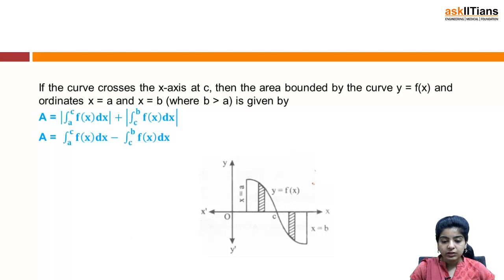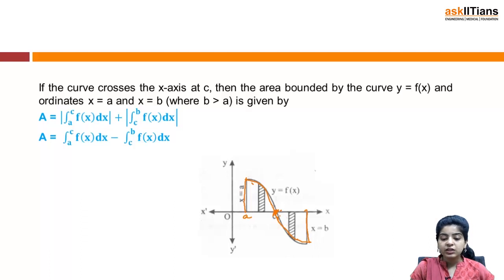Now we have a curve that crosses the x-axis, this is the curve y equal to f(x), and suppose it is crossing the x-axis at c. Then the area bounded by this curve and the ordinates x equal to a, x equal to b, where b is greater than a, would be given by the modulus of the integral from a to c of f(x) dx plus the modulus of the integral from c to b of f(x) dx.